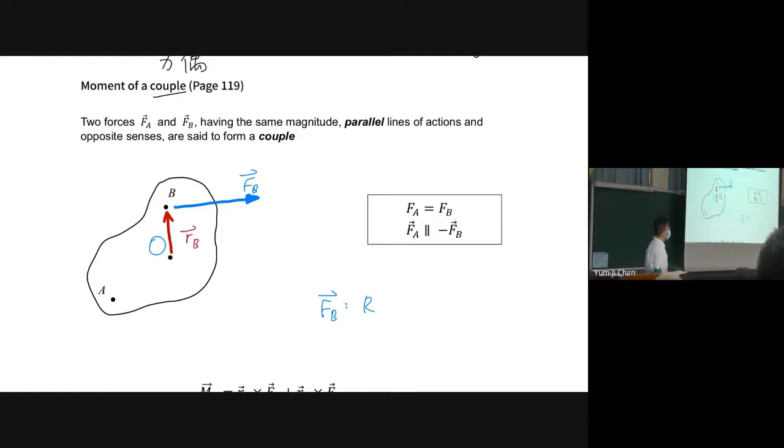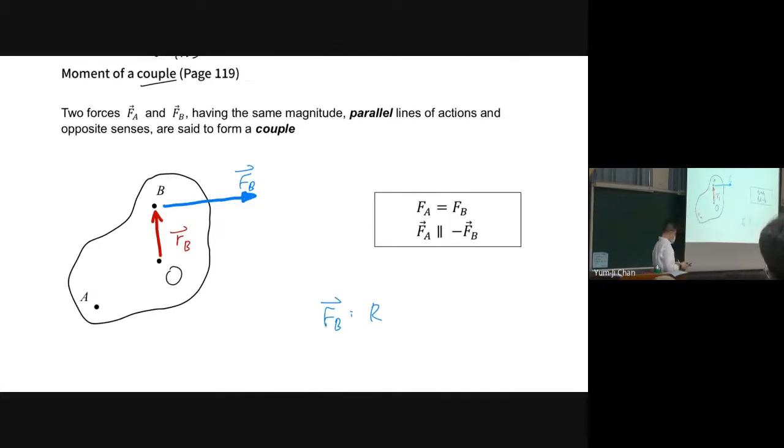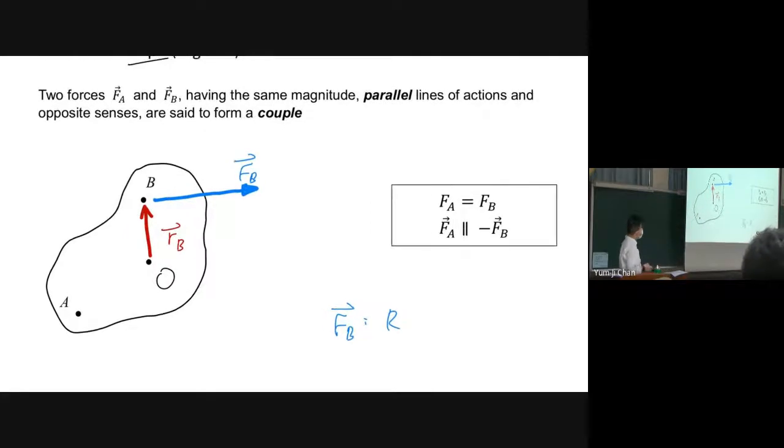Let me put O here, not the other side. Let's begin with having a force at B. We call it FB, and its moment with respect to point O is RB cross FB, right?